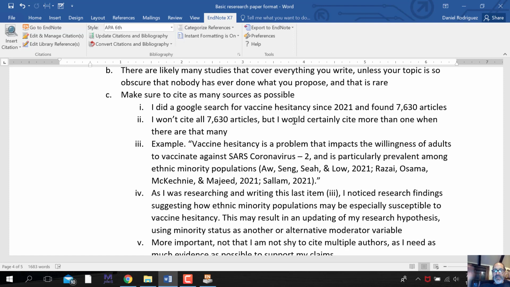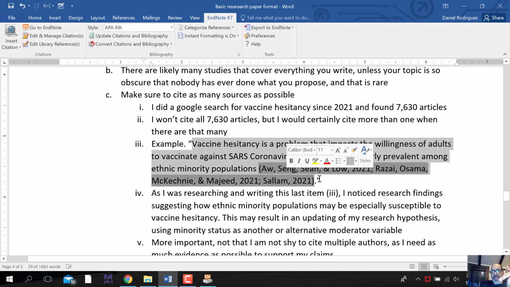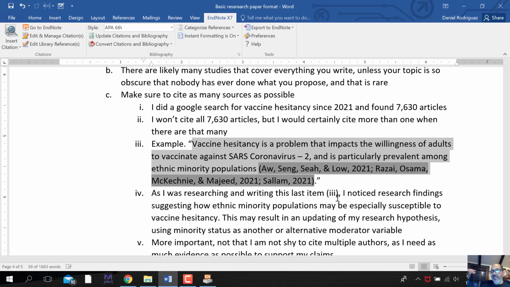So what we have come up with is a more efficient way of writing, and this example is a more efficient way of writing. You'll notice that I covered 3 different sources within one sentence. So instead of discussing this article first, then the Razai article, and then the Salam article, 3 different sources, and maybe doing that over 2 pages, I used one sentence to cover everything.